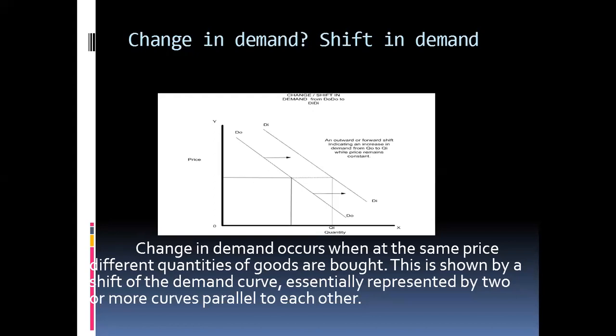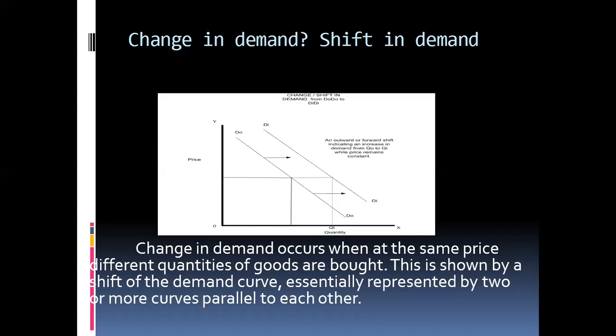Now you find out that in the hot sun, when the sun is really scorching, despite the price of Pepsi, price of Coca-Cola, or the price of a cup of ice cream remaining the same, a lot of people buy because of the condition of the day. Without the price changing, there is an increase in demand.